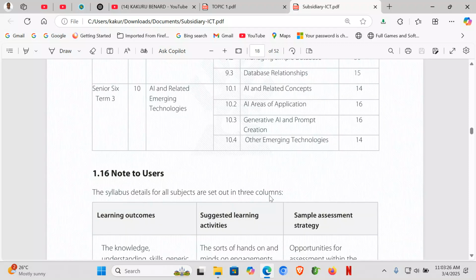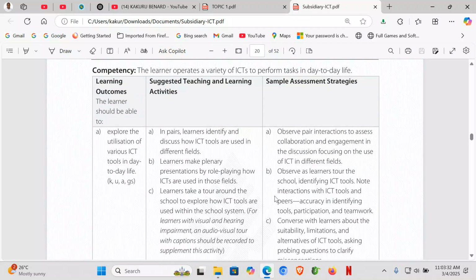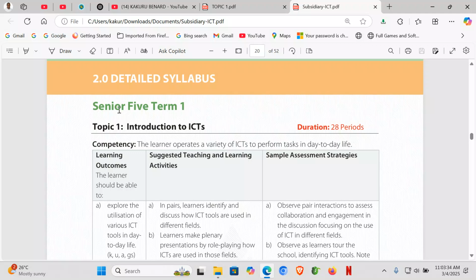From there, after understanding the topic, you need to understand the competence. After understanding the competence, you go ahead to understand all the learning outcomes. For example, here, Senior 5, Term 1, Introduction to ICTs is Topic 1.